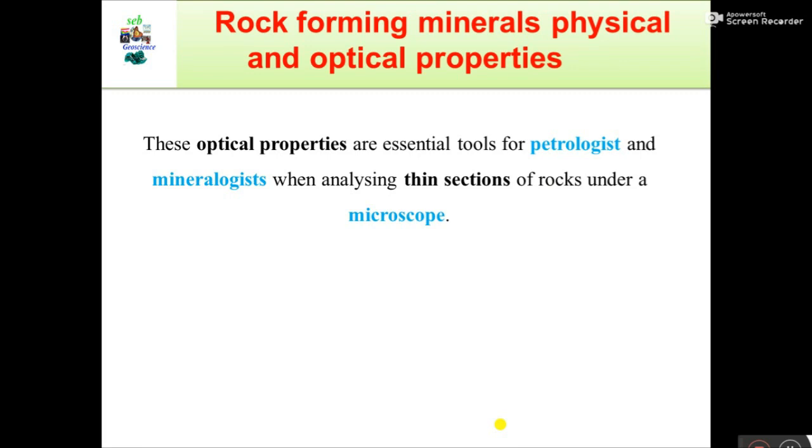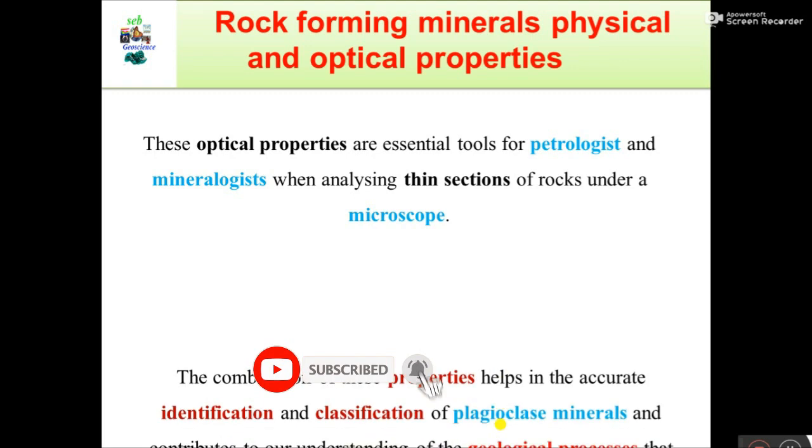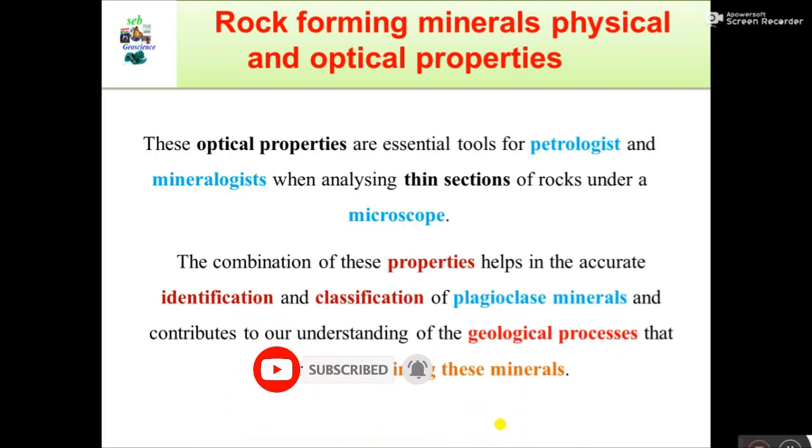So these optical properties are an essential tool for petrologists and mineralogists when analyzing thin sections of rock under a microscope. Optical property is very important for mineral identification within the laboratory.